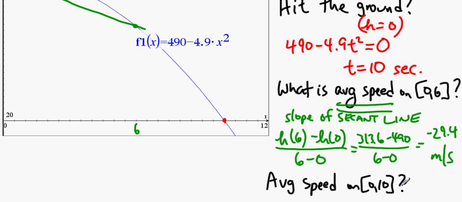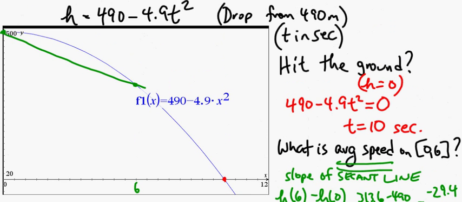You would find the slope of the secant line between the red dot and the initial dot. Okay, if you hit the pause button, then you now realize that the average speed on 0 to 10 is 49 meters per second. The average velocity is negative 49 meters per second because the ball is heading down.